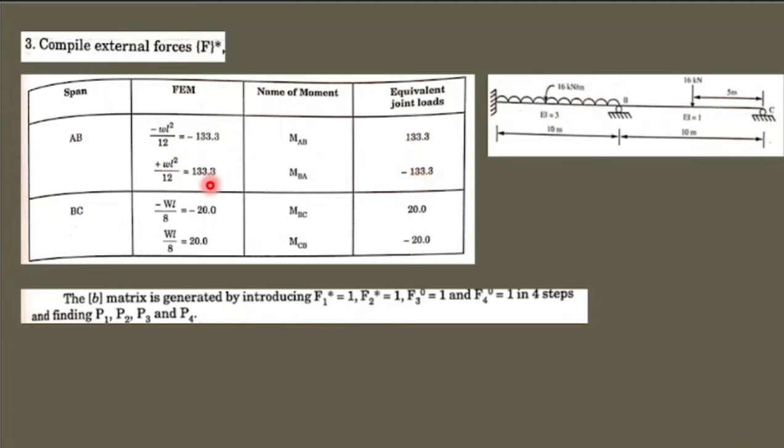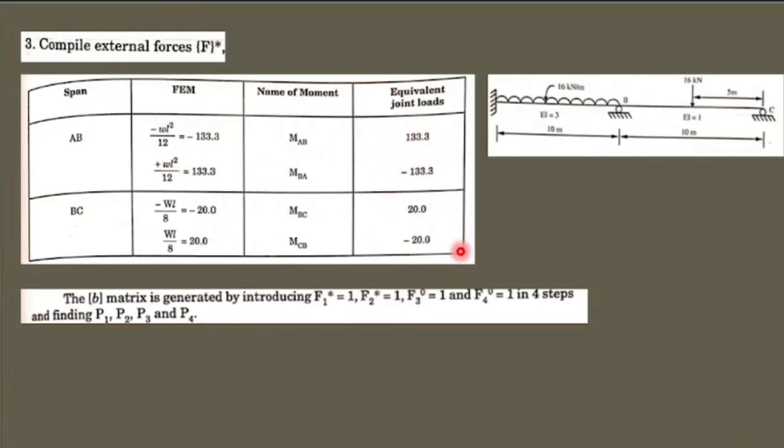So which will be equivalent for this, and at B you have minus 20, make it as plus 20. At CB, plus 20 minus 20. So whatever might be the sign you are getting, you have to make the opposite sign for finding the equivalent joint load.